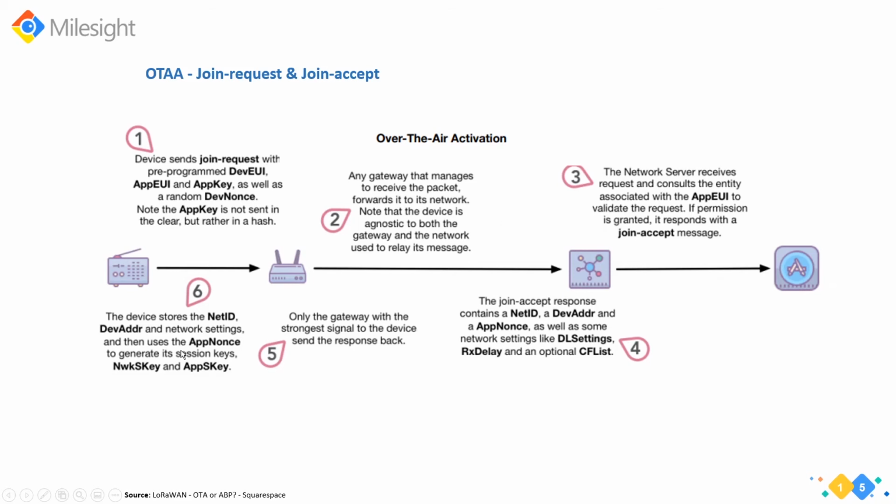Here you need to be mindful: the net ID, device address, and app nonce will be stored by the end device. So every time the end device needs to send a message, it will always use these security keys.